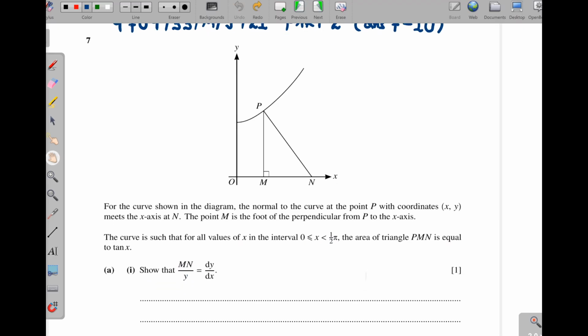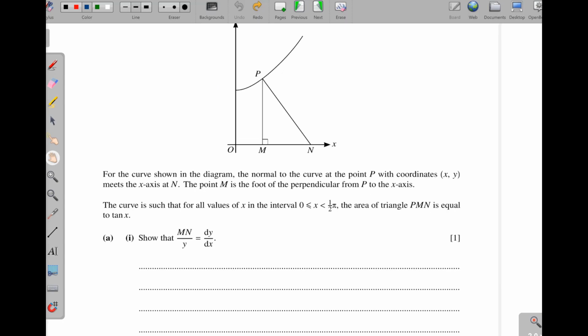Now, gradient of the normal, they have talked about the normal here. So all lines that are slanting like this have a negative gradient. And how do you get the gradient? You get the change in y out of the change in x. Now, point P has these coordinates, so I can say this is x, y.